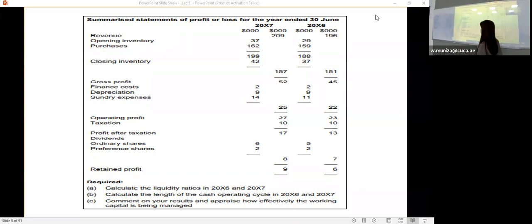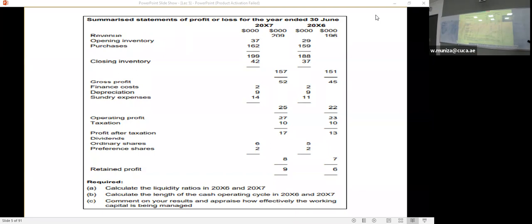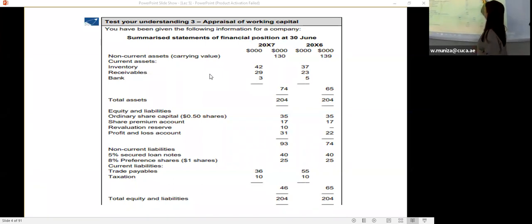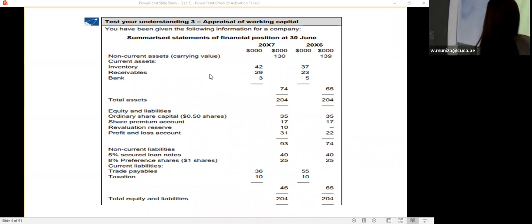What are the current assets here? This one is our SOFP. Okay, so what are our current assets given? Yes, here are current assets: 74 for 2007 and 65 for 2006. Now see the current liabilities.